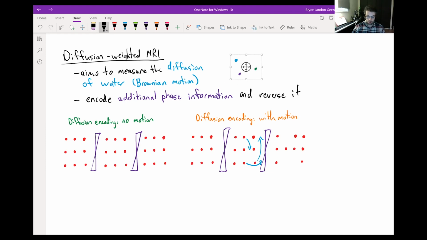I'm just going to move these molecules over. So that's the way that we imagine water diffusion to look. If I draw some quick little trajectories here, for the blue one, maybe it wobbles upwards and then heads downwards and ends up moving in this direction.